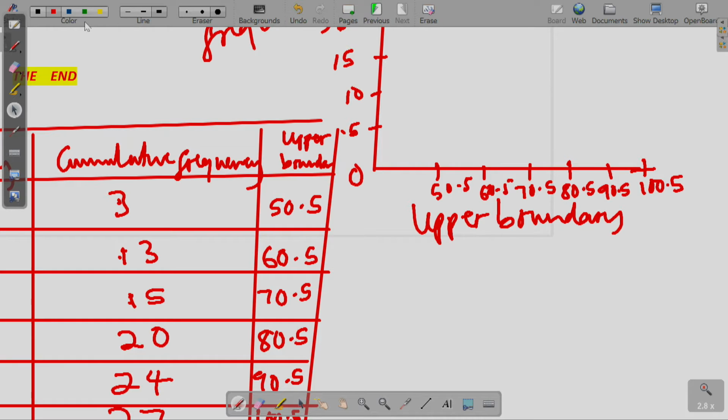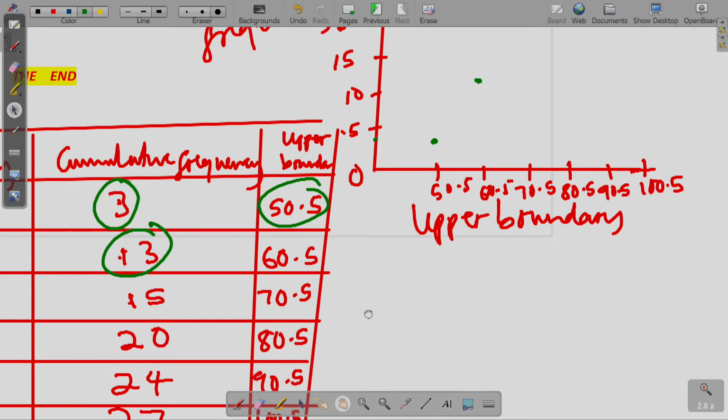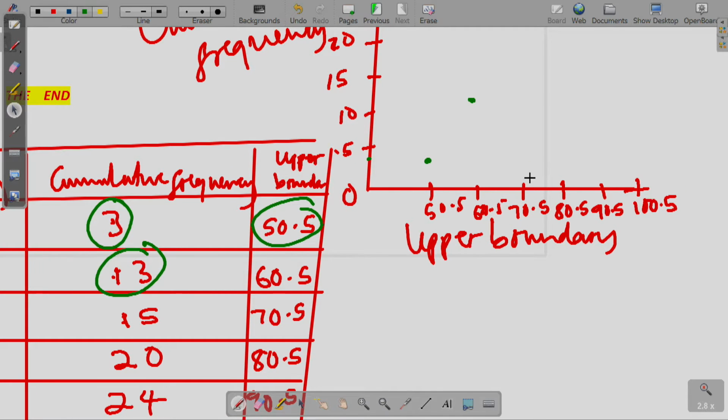So let's fill. Here we have 3 and 50.5. So let's put here 3. And also we have 13 and 60.5. 13, this point. And also we have 15 and 70.5. 15 and 70.5. This is 15.